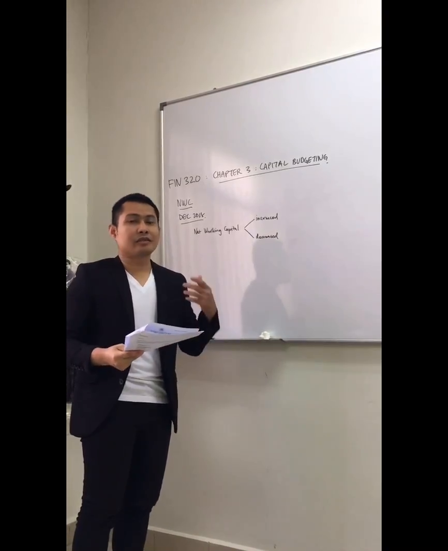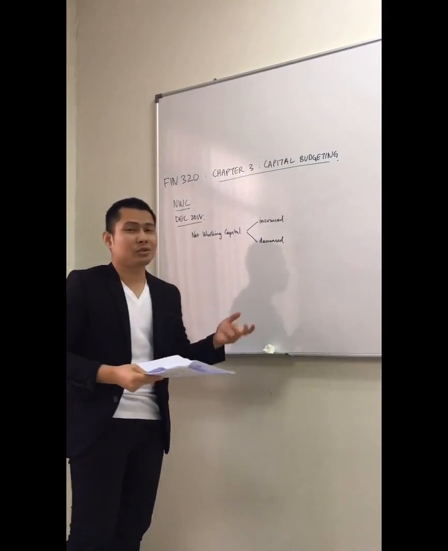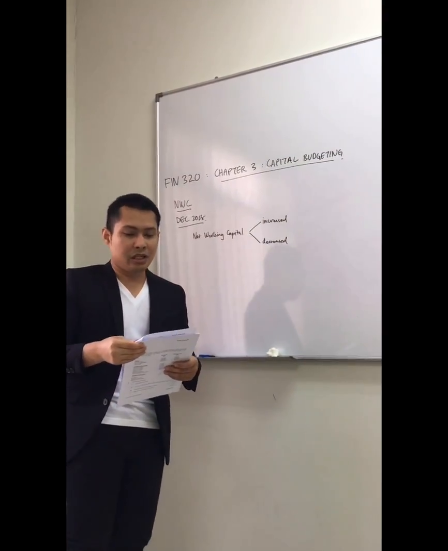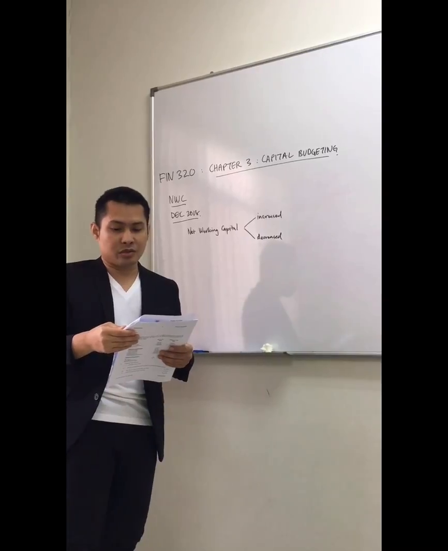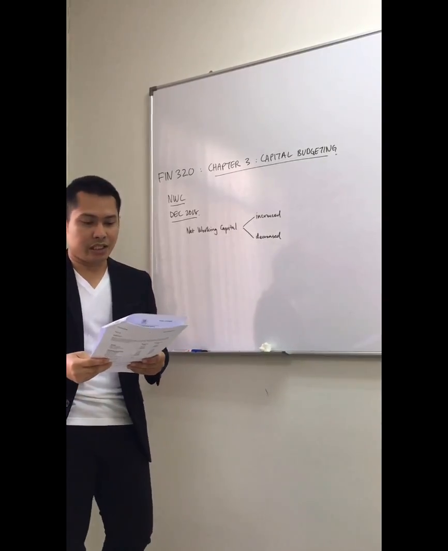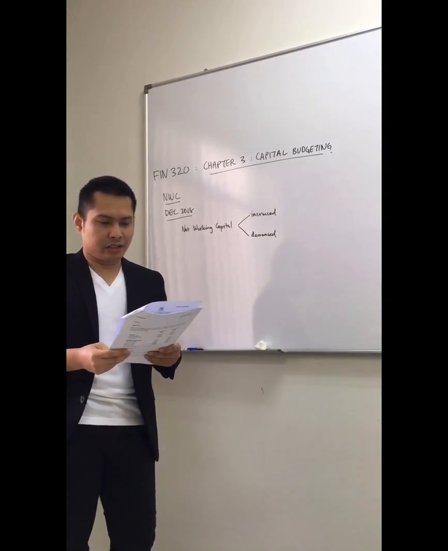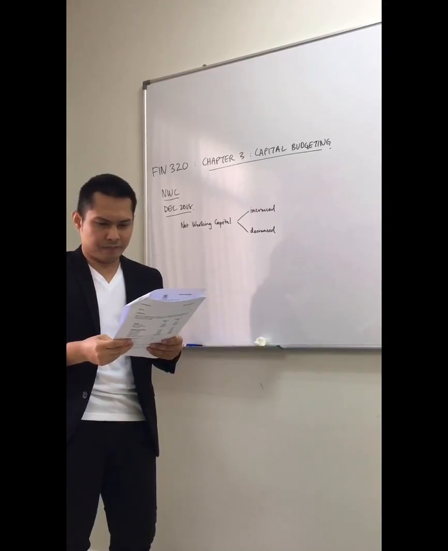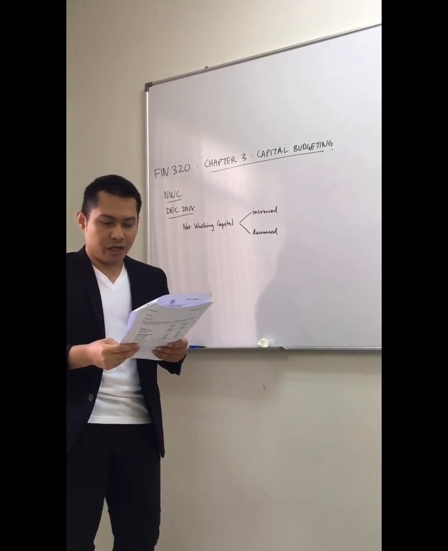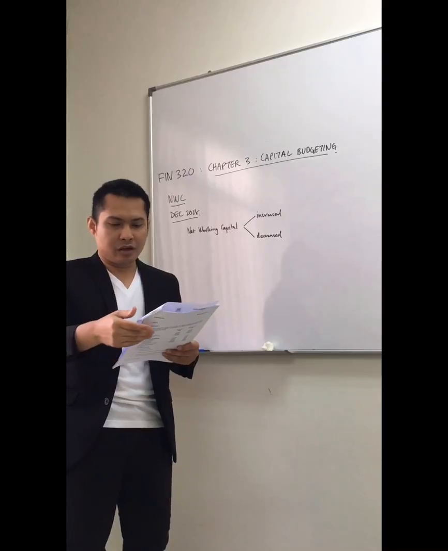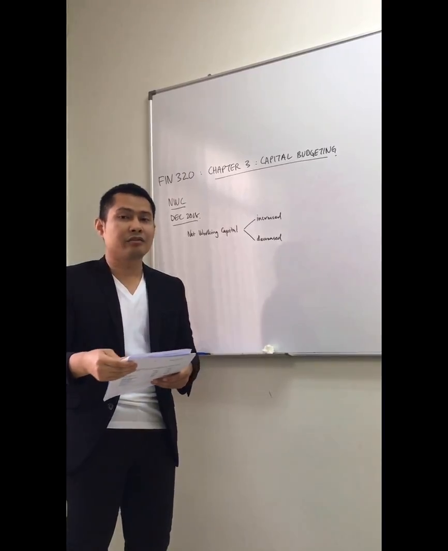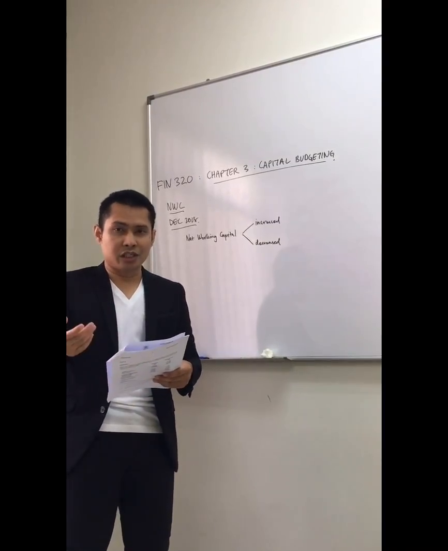Okay guys, the first problem is how to use the NWC, net working capital. If you look at your past year question, December 2018, there is a sentence where it says, moreover, additional net working capital of 40,000 is needed for the purchase of the new machine.